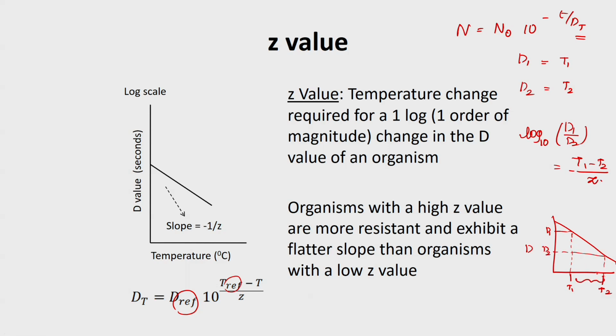This is nothing but my Z value, 1 log reduction, right, from D1 to D2 it is a 1 log reduction. So what is the temperature range? The same as we discussed already, organisms with high Z value are more resistant and exhibit a flatter slope. If you compare both concepts, it is at different temperatures what my D value would be, and from that how I am calculating the slope, right.